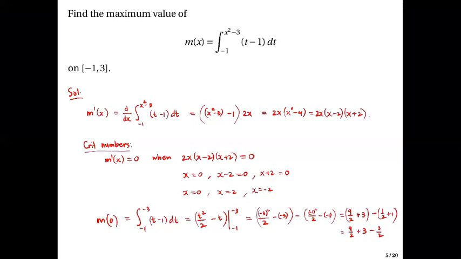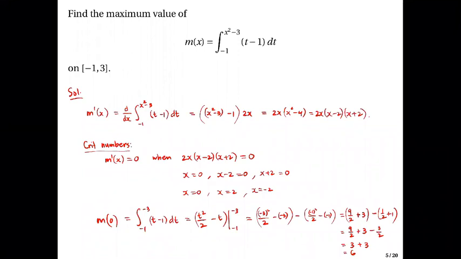So 9 halves minus 3 halves is 6 halves, so we have 3 plus 3, which is equal to 6. So this is for your m of 0.